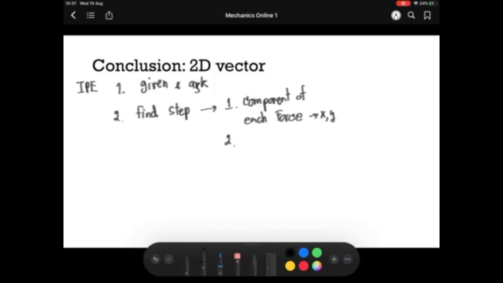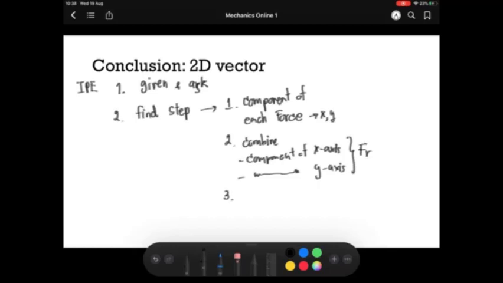And then combine the components of the x-axis and the components of the y-axis, from which you should get the resultant force.